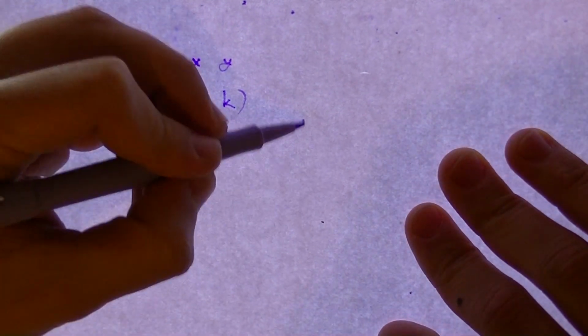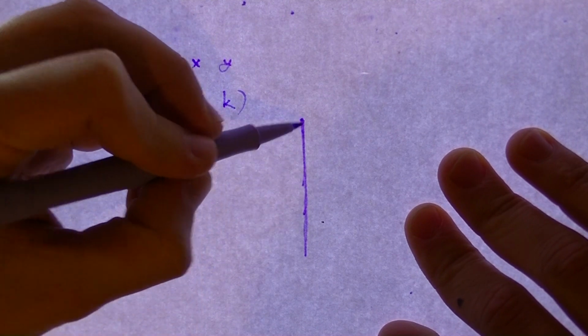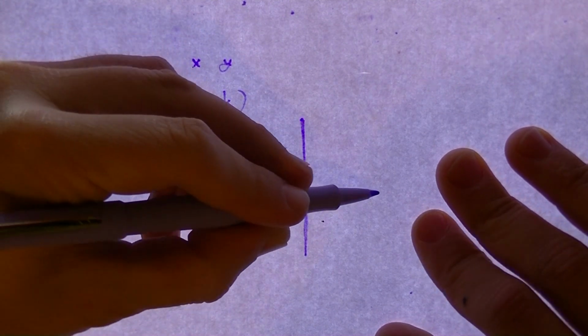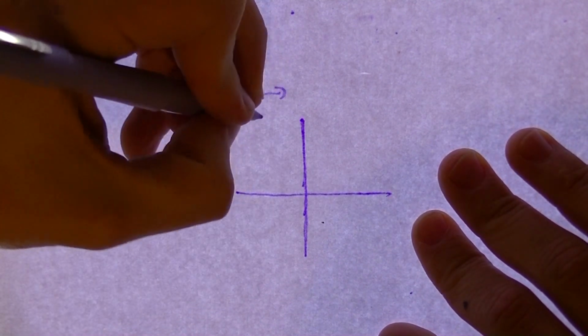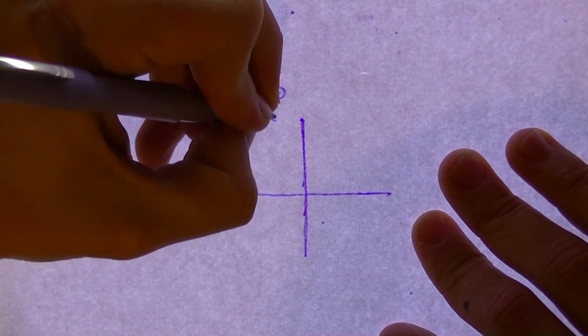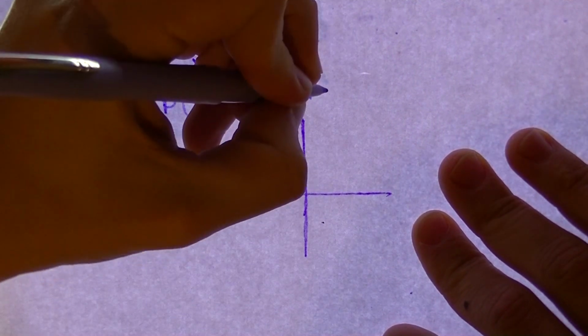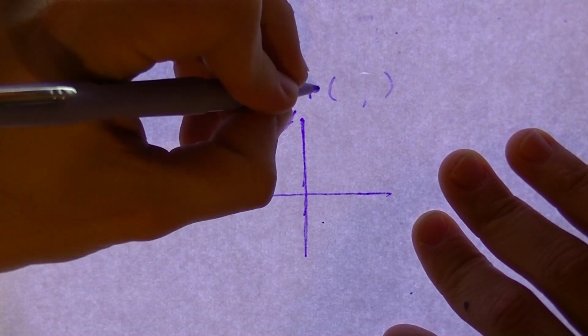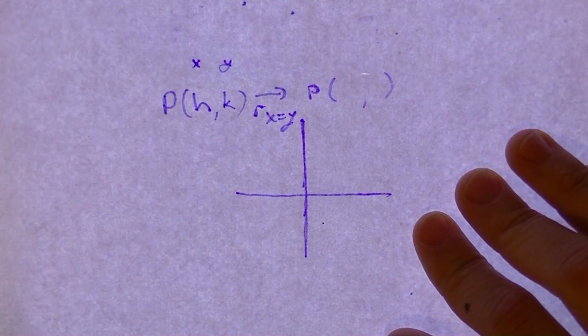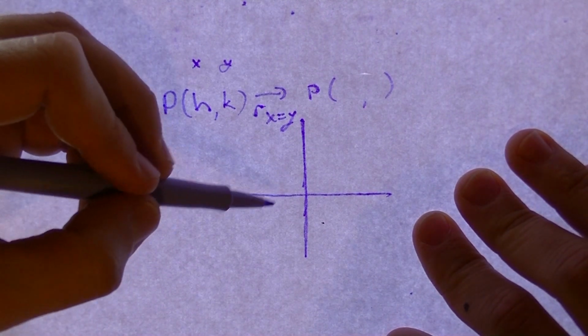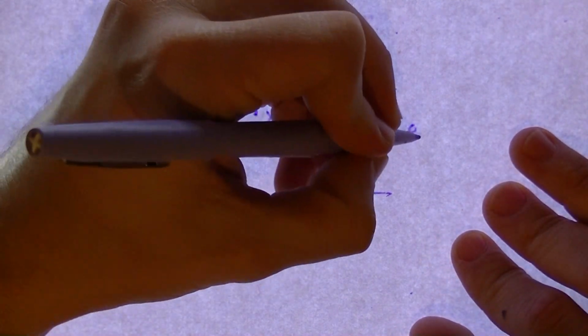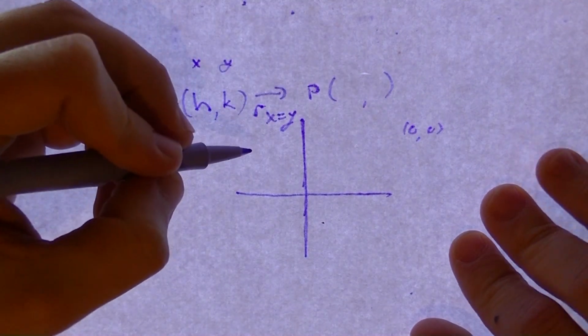Let's say I've got, here's my coordinate grid, and I want to reflect over the line x equals y is what it said. And I want to find out, all right, what are the rules? What rule can I put down that's going to get me that? Well, first of all, the line x, y is going to be something like 0, 0, x is equal to y.